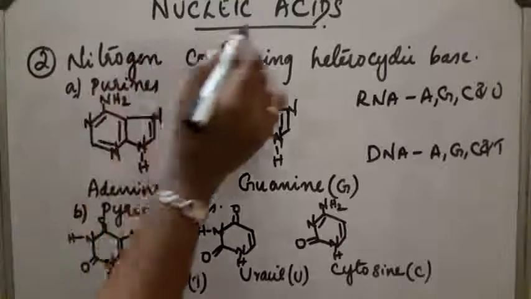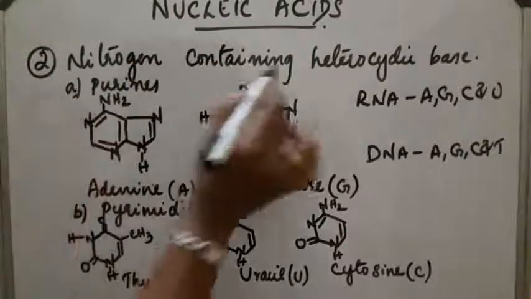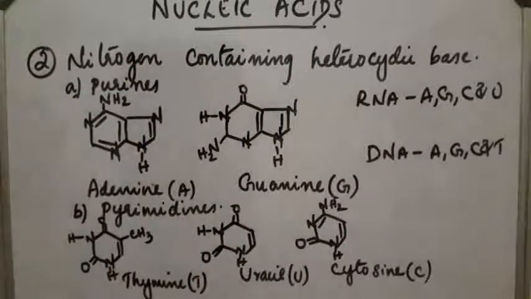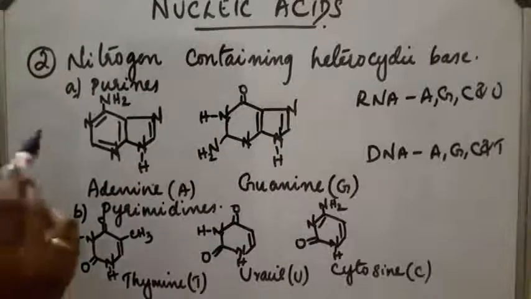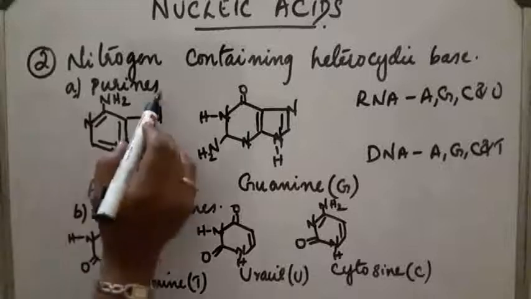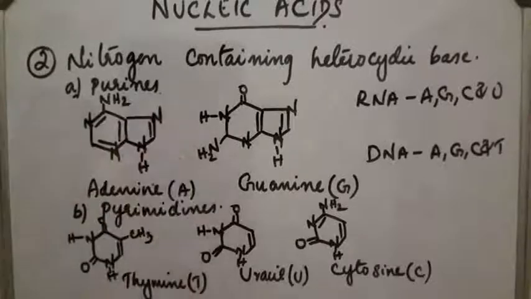Next part of nucleic acid is the nitrogen containing heterocyclic base. These are divided into two classes, purines and pyrimidines.